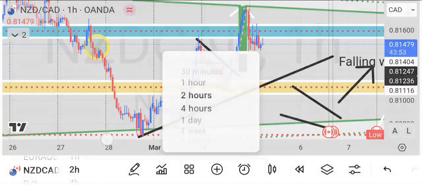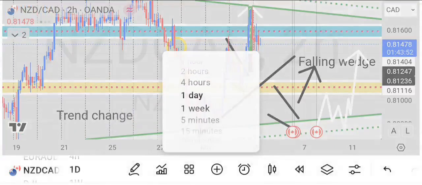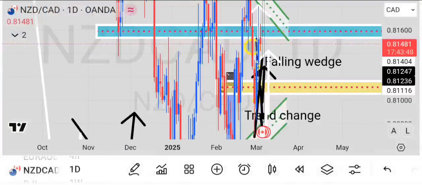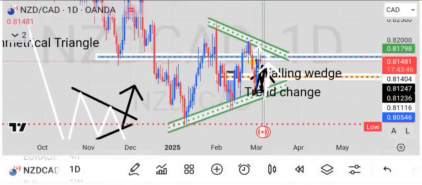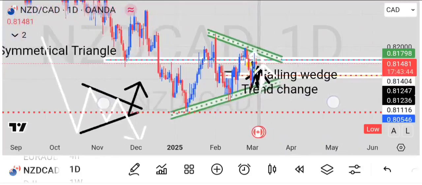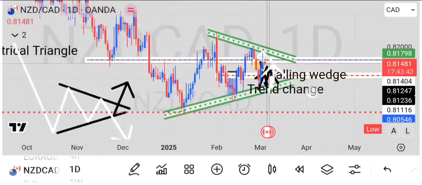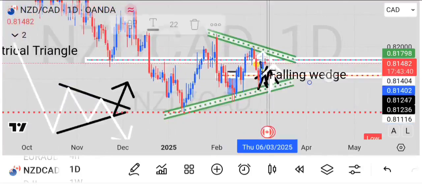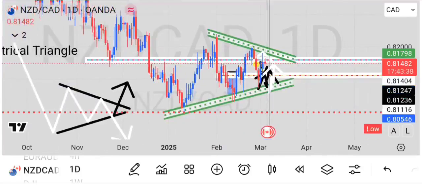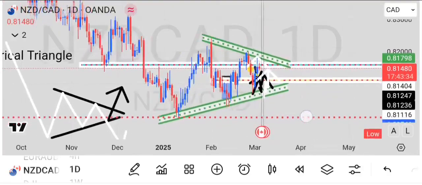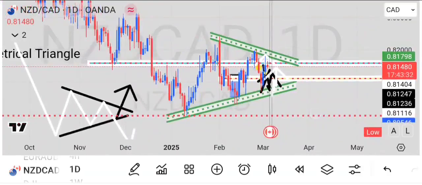And that's it. The strategy is this: go to your high time frame, mark your zones, and then just watch it. Watch the market come back to your zones.